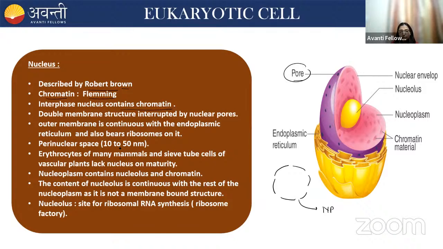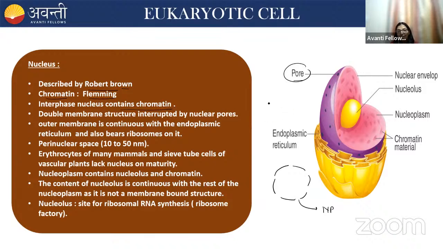The fluid inside the nucleus is known as the nucleoplasm. So the nucleoplasm consists of nucleolus and chromatin. Nucleolus is non-membrane bound. It does not have a membrane. So the content of the nucleolus is continuous with the nucleoplasm. And the nucleolus is the site for rRNA synthesis.